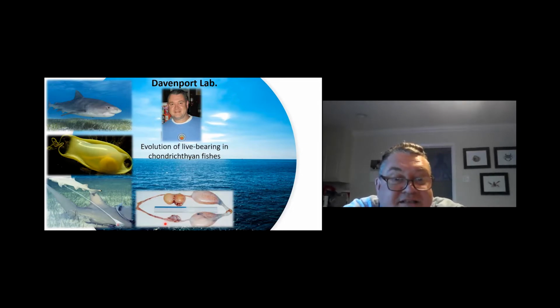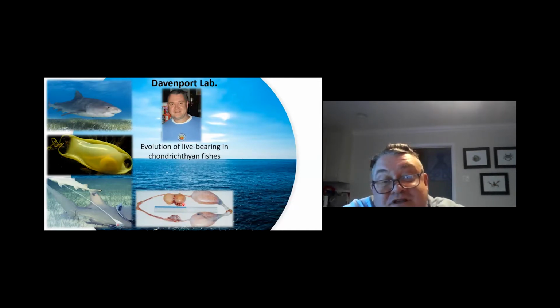One of these early stages then is we keep the eggs inside the female, but make the eggs bigger and bigger so that the young can be larger. This is a finite system because these eggs can only get to a certain size before they may break. So from this stage, then we see the evolution of different modes of matrotrophy, where the mother will take over supplying the embryo with nutrients.